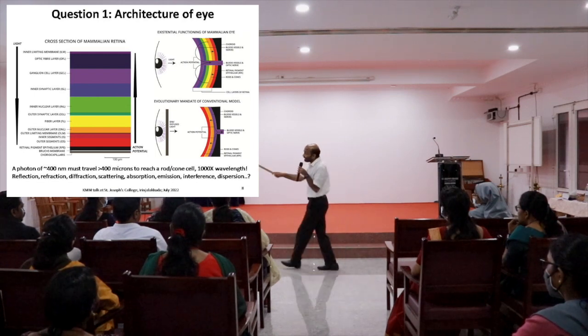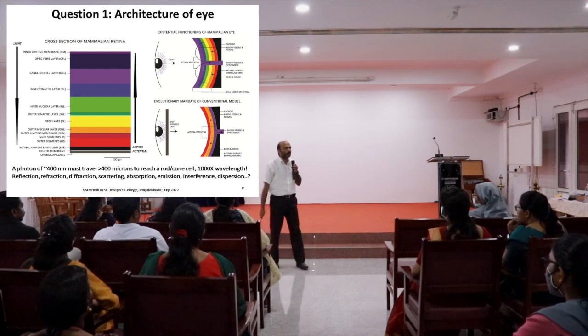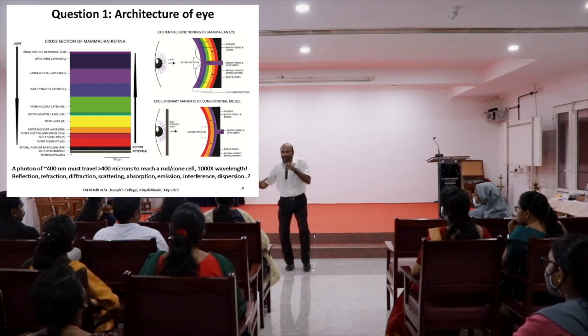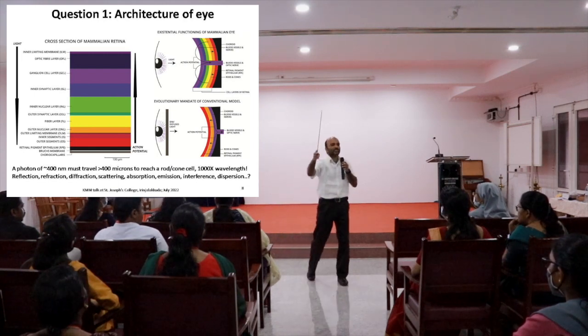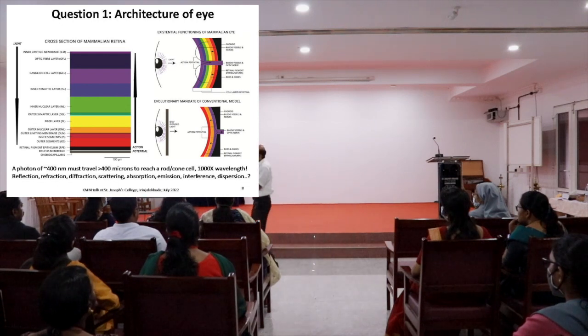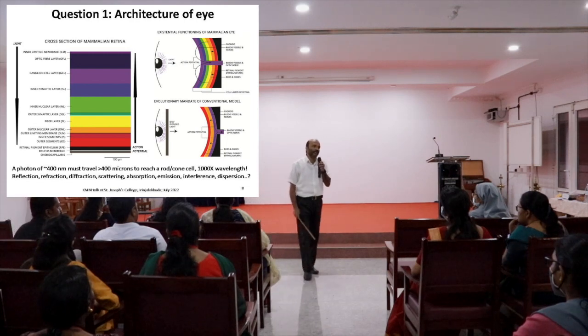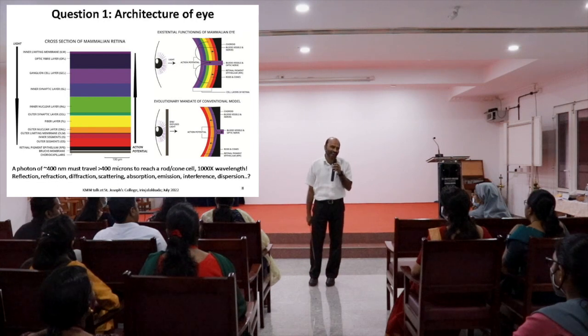To reach the rods and cones, by the time it reaches there, it would undergo all kinds of processes like reflection, diffraction, refraction, all. So how can this be the fundamental place where your eyesight signal decoding occurs? It cannot be. This is a fundamental question.